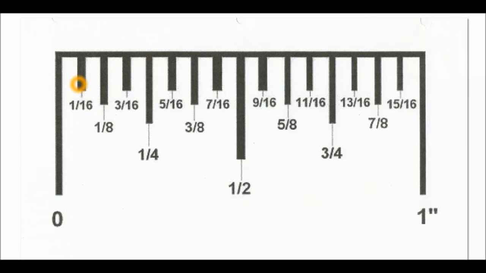If you look at the lines in between the 1-inch and 1-inch space, you will notice that you have 16 lines again. 1, 2, 3, 4, 5, 6, 7, 8, 9, 10, 11, 12, 13, 14, 15, and 16. Here you'll notice the shorter lines are your 16ths.